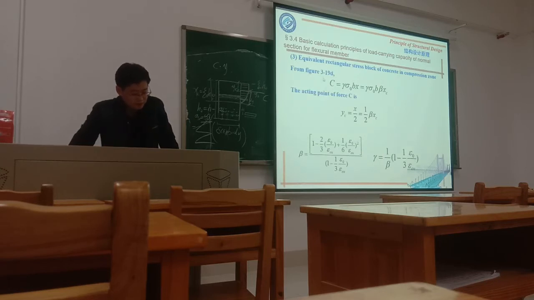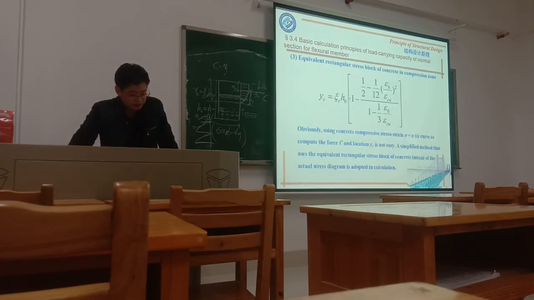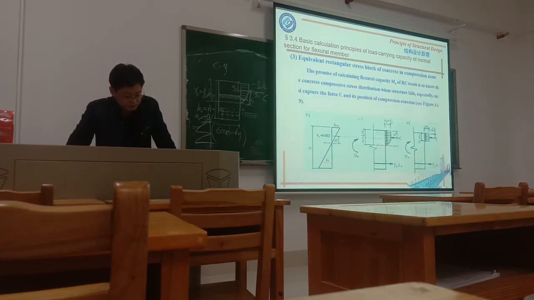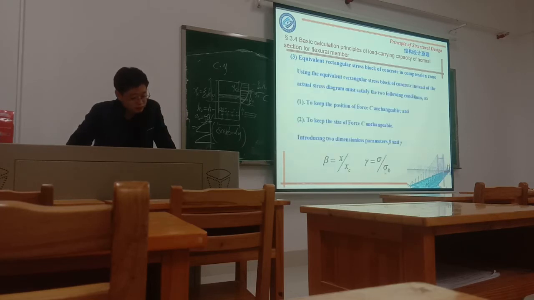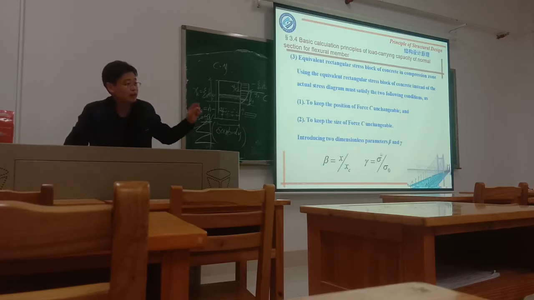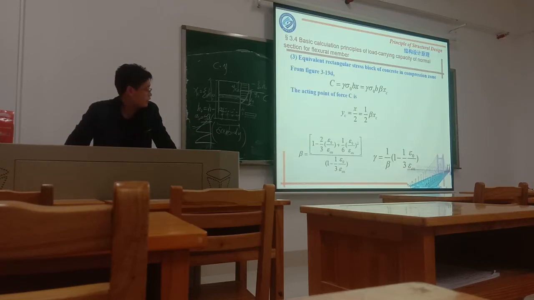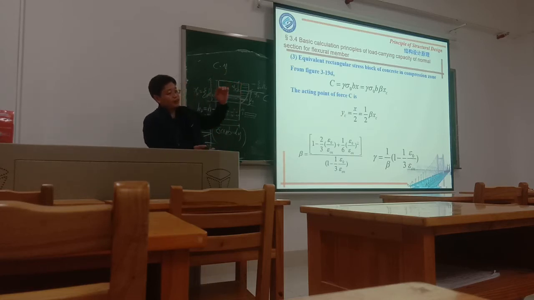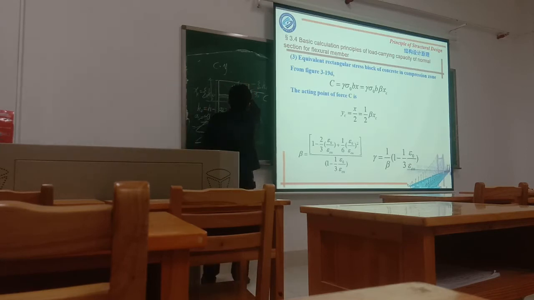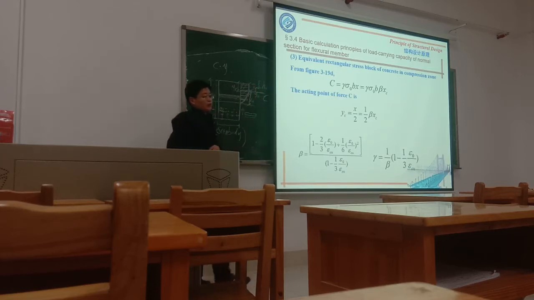Then from the figure, 390 is this figure, we can see the force C equals gamma sigma 0, where gamma sigma 0 equals the real sigma, and B, and X is the height we need to calculate, the height of this equivalent rectangular stress block.